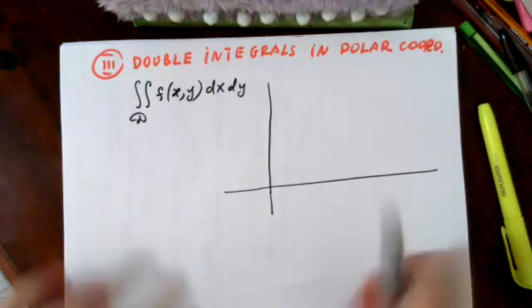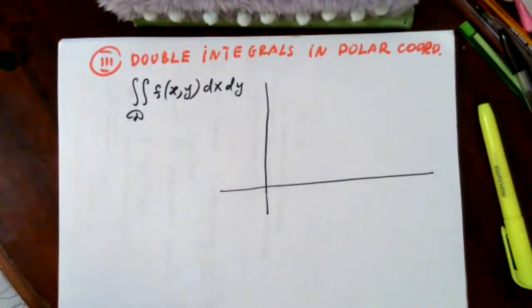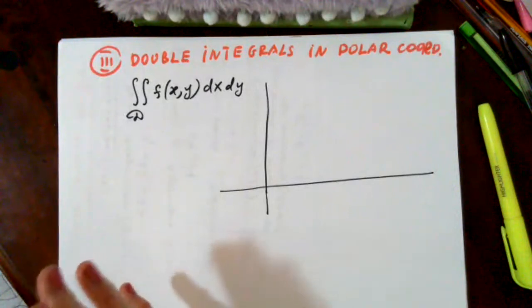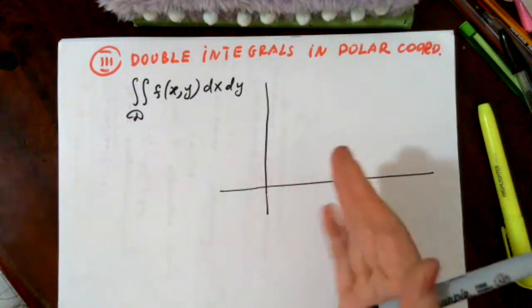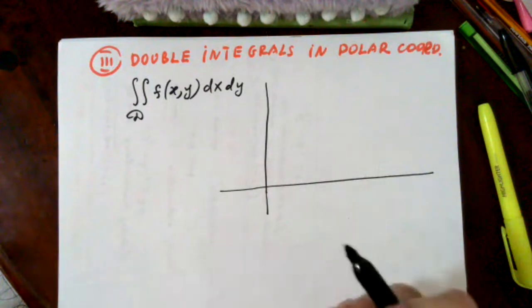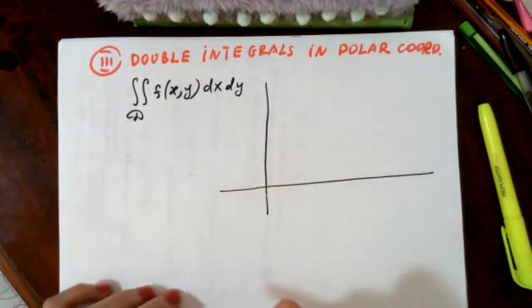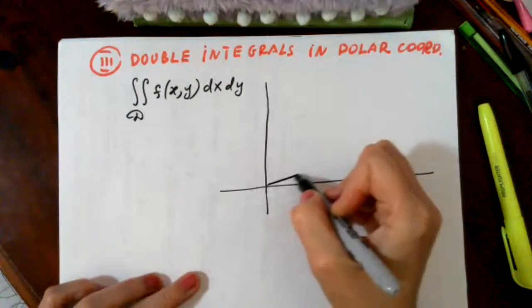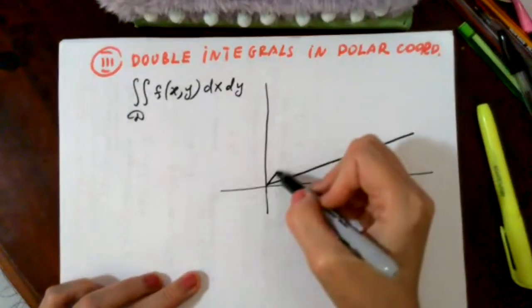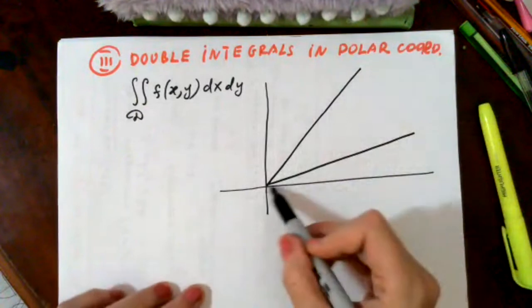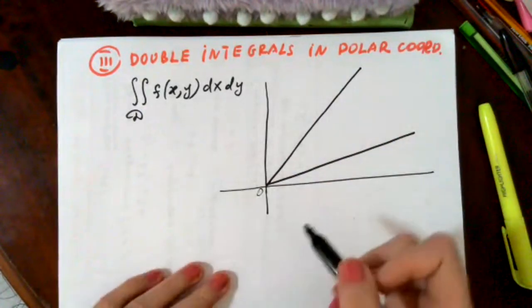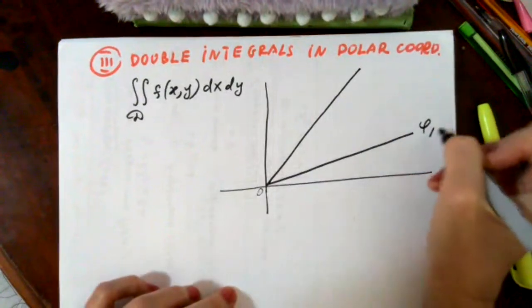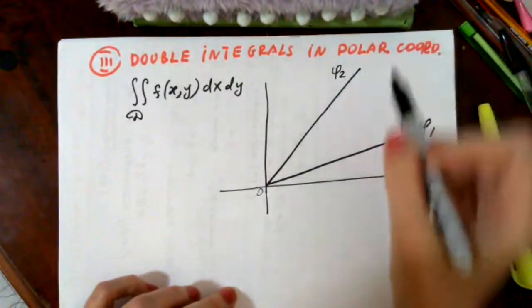As you remember, our first template was the region which was squeezed between two vertical lines. The next template was the region which was squeezed between two horizontal lines. What is our region going to be squeezed by in this polar coordinate system? It turns out it will be squeezed between two rays coming from the pole, from the origin. This ray has angle phi 1, and this ray has angle phi 2.